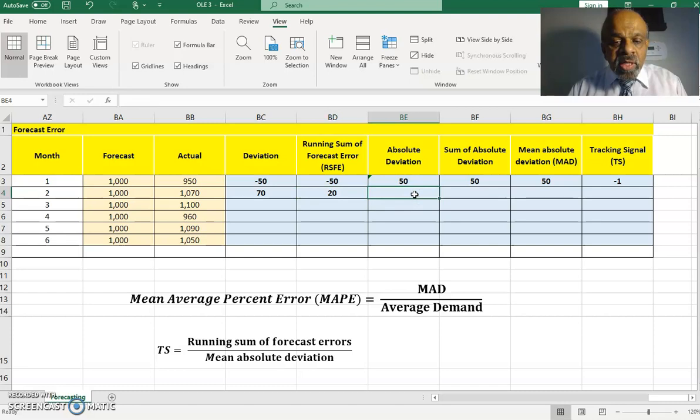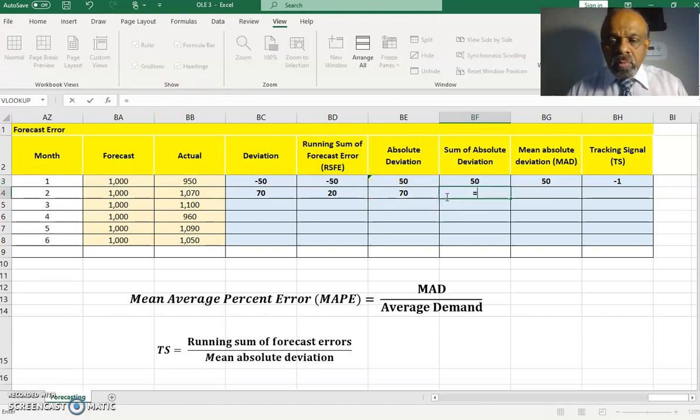The absolute deviation is going to be the ABS of this deviation, and that is going to be plus 70. The sum of absolute deviation is going to be the last one plus the absolute deviation of the new month, which is 120.